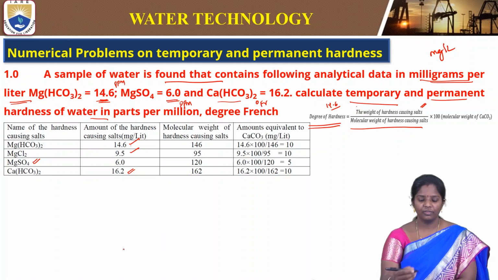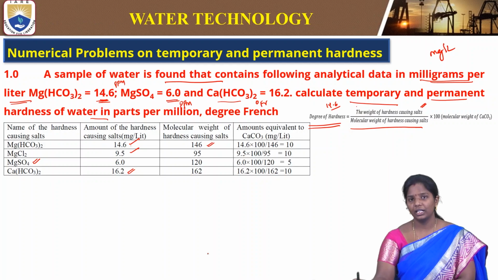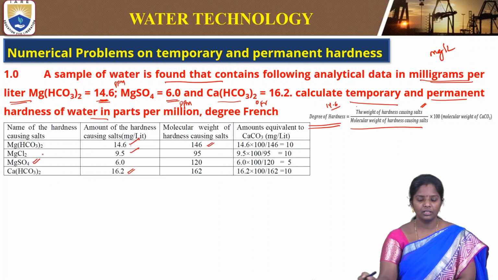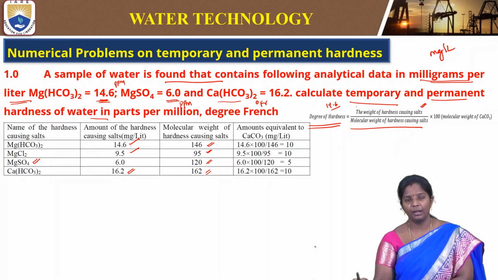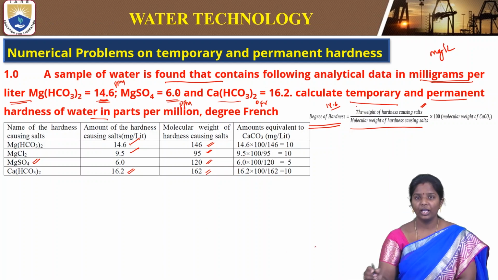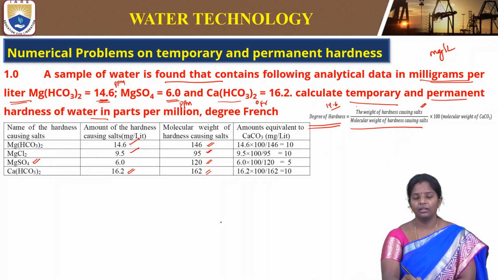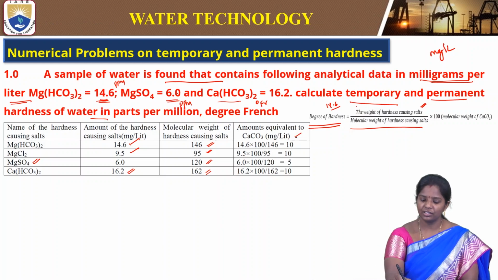After that, we will be taking the molecular weights of those particular hardness causing salts, that is 146 for magnesium bicarbonate, 95 for magnesium chloride, 120 for magnesium sulfate, and 162 for calcium bicarbonate. We have to either remember these molecular weights or calculate them while solving these problems. After that, we have to convert to the equivalence of calcium carbonate.